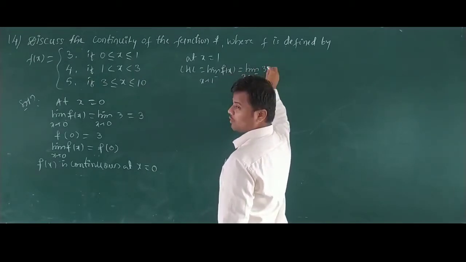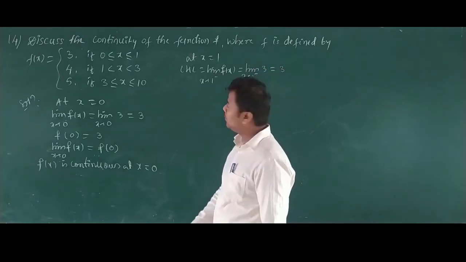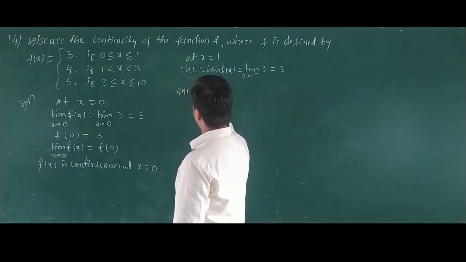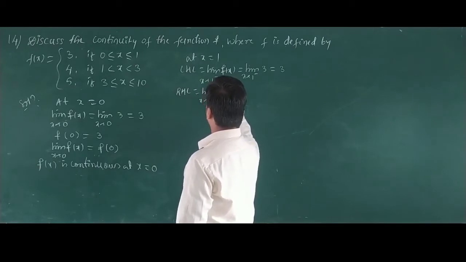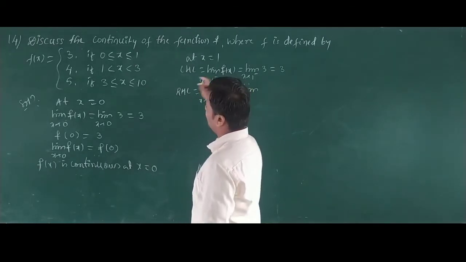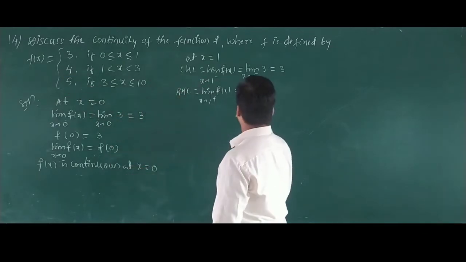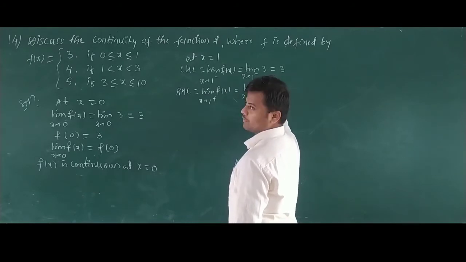This is a constant function, so the value is 3. What about the RHL value? Limit of f of x as x tends to 1 plus is limit of 4 as x tends to 1 plus. So again it is a constant function.